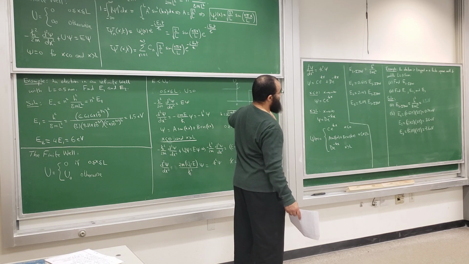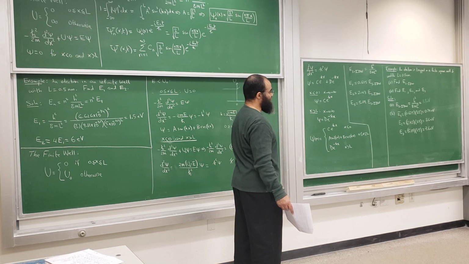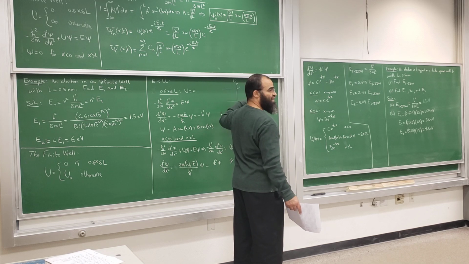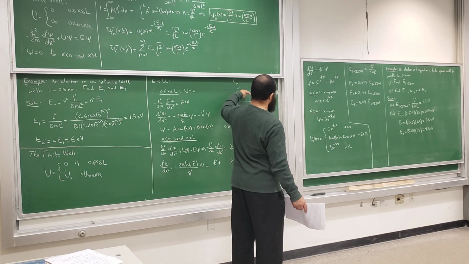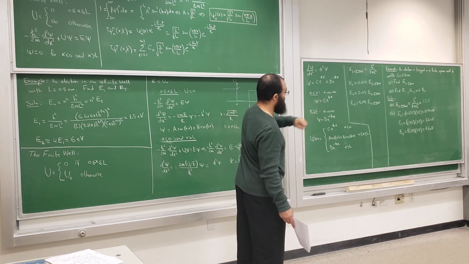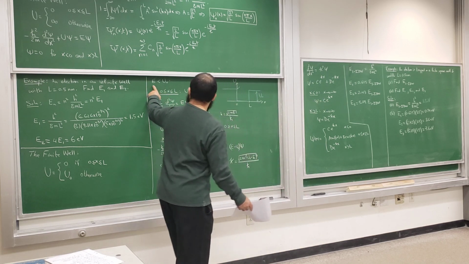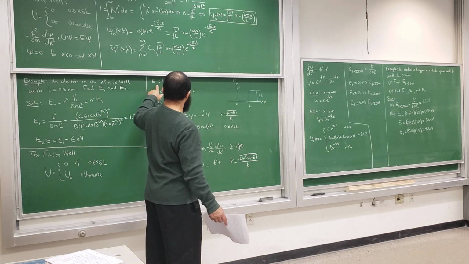But if the depth is only 5 eVs, suppose U naught is 5 eVs, how many energy levels can I have? Just 2, E1 and E2, right? Because those are the ones that are bound, or the ones that fit within the depth. Remember, E must be less than U naught.